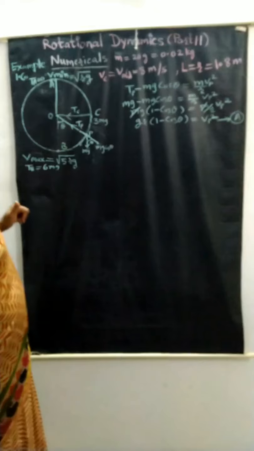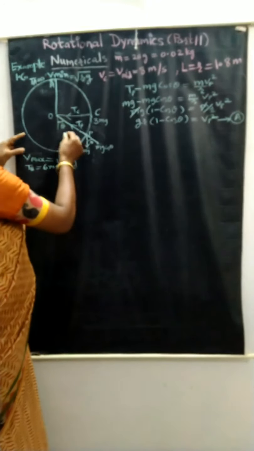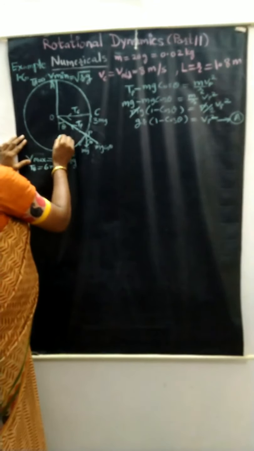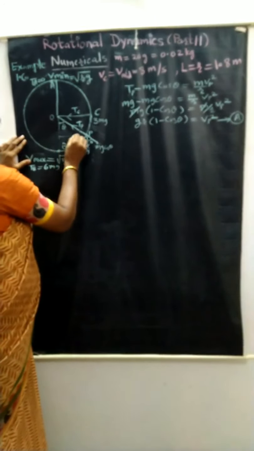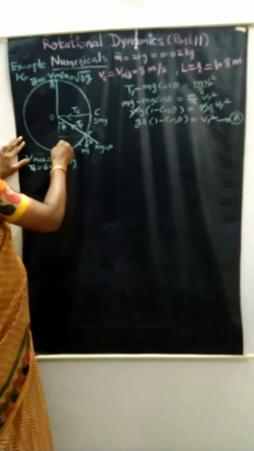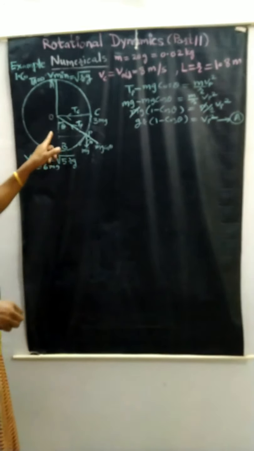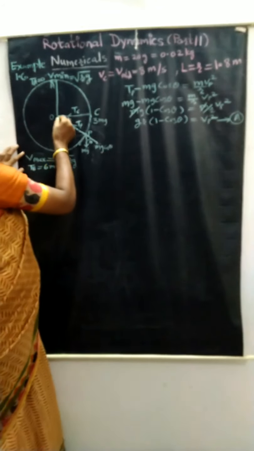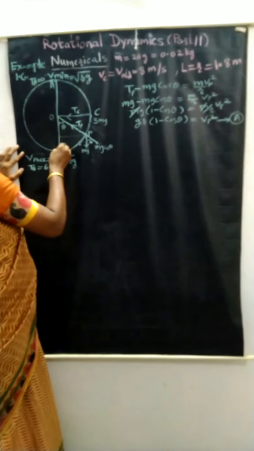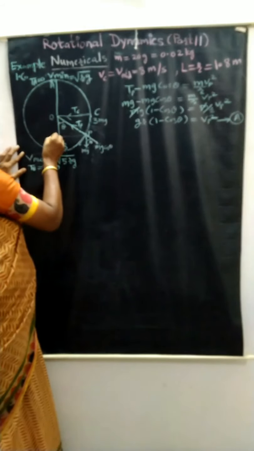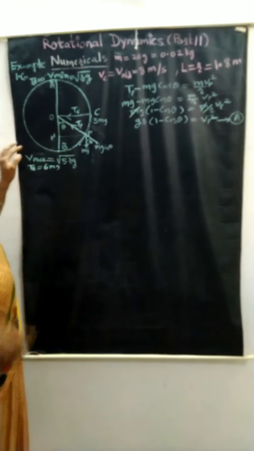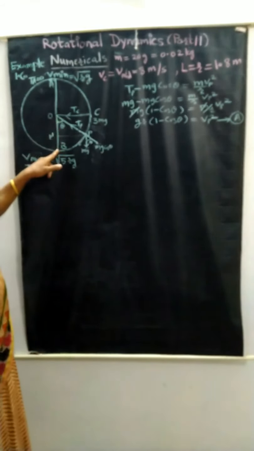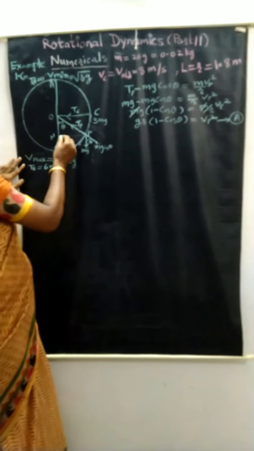Now another thing in this case is that if we draw a perpendicular from point P on the diameter AB, then suppose it intersects the diameter at point P dash. The total radius of the circle is r.